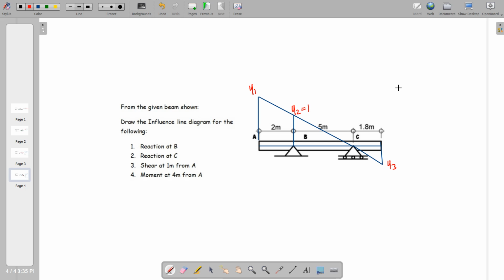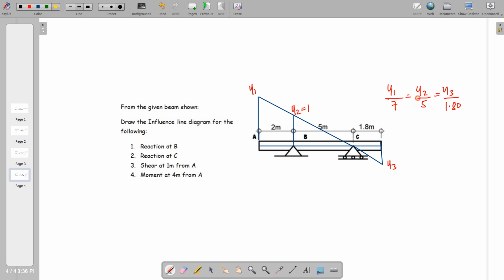So you just have to utilize similar triangles. y1 is to 7, y2 is to 5, which is also equal to y3 is to 1.8.